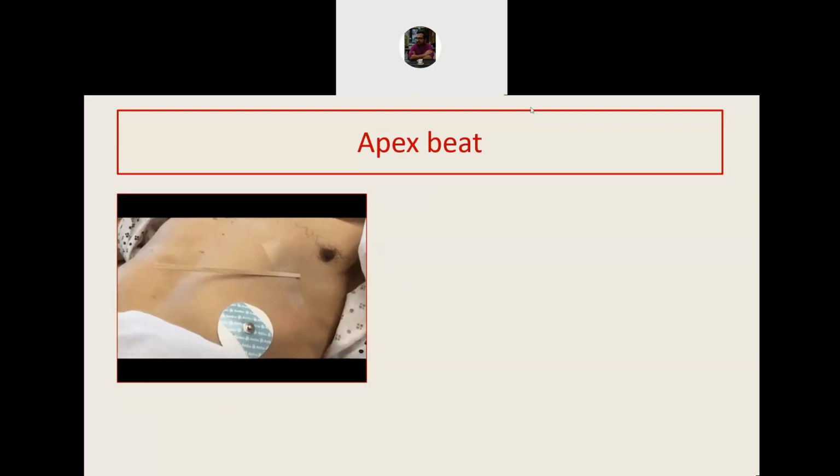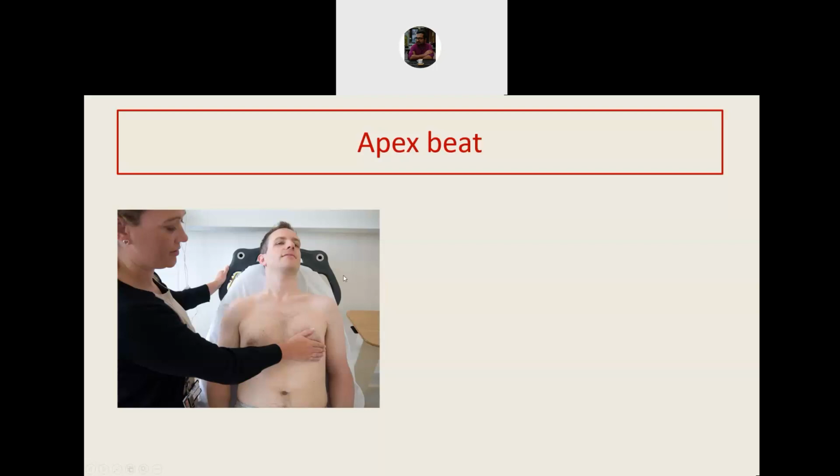Now see, if we try to understand the position of the heart with respect to the patient, let us assume this is the thoracic cavity. This is the diaphragm. And the heart is located somewhere here. And this, let's assume, is the left ventricle.